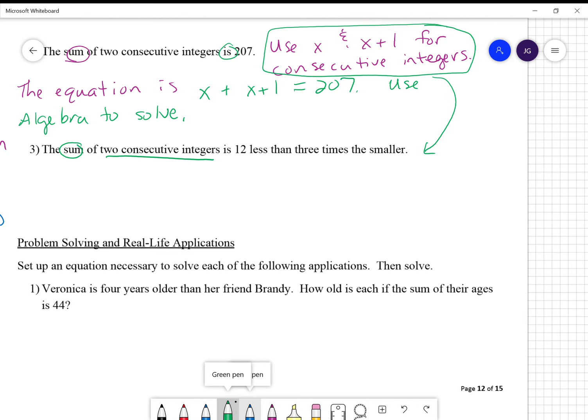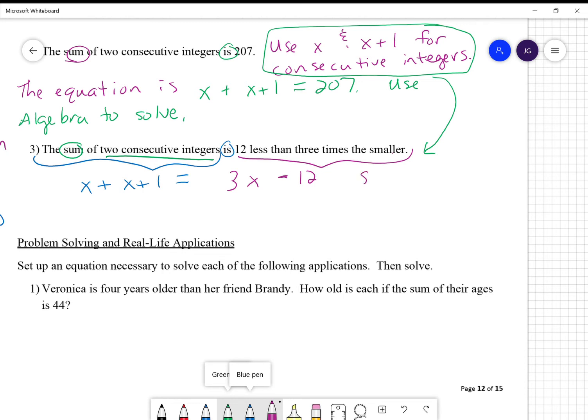The sum of 2 consecutive integers, this part of my problem, is x plus x plus 1, is, this part of my problem, 12 less than, so I'm going to take away 12, 3 times the smaller. Well, the smaller is x, the larger is x plus 1. Solve using algebra.